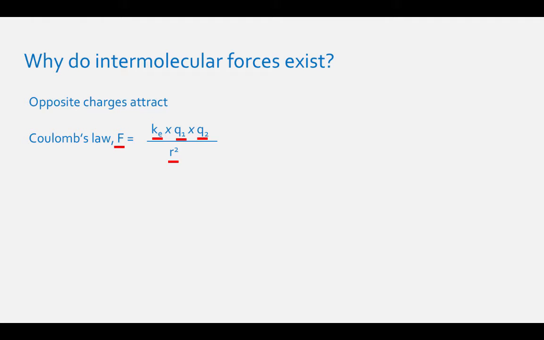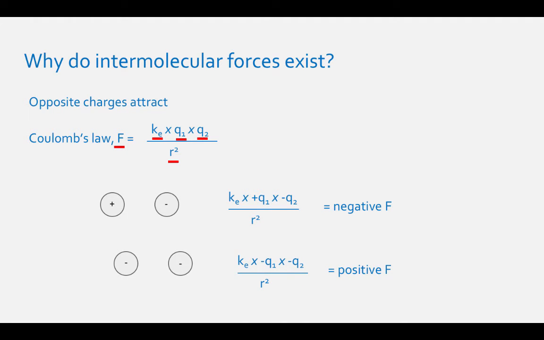Since everything tends toward lower energy, a negative force is more desirable. A negative force will be obtained when the particles are of opposite charge. If the particles are the same charge, a positive force will be obtained, because two like charges multiplied together equal positive.